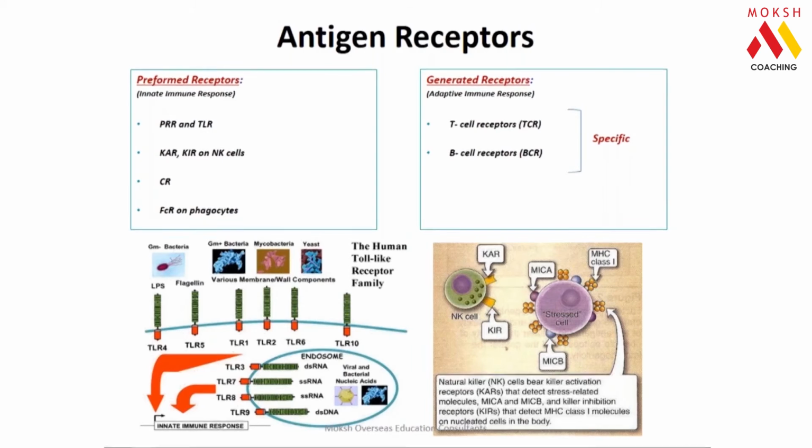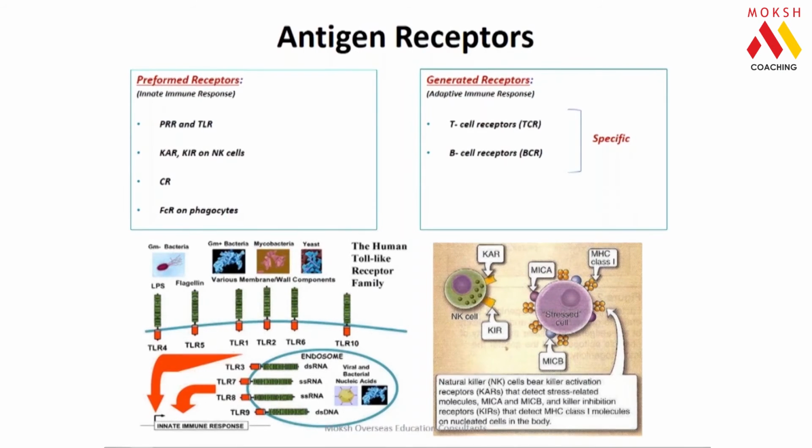There's only one TCR for one shape. These receptors, you also need to know that they are shape driven, meaning they don't know if that shape they're interacting with is foreign or self. They just know that we are going to interact with this shape. Now, if they interact with our own cells, then we have autoimmune disease.